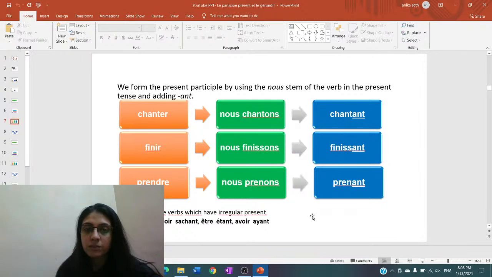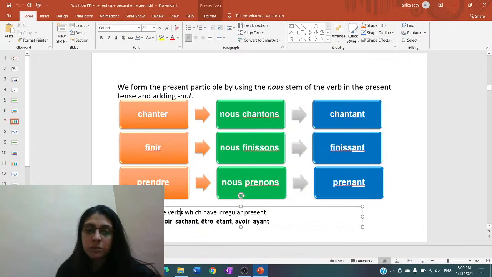Remove ons from the verb, put ant, so faisant would be the present participle of the verb faire. Then same way, if I take the verb aimer, nous aimons, remove ons, put ant: aimant would be the present participle of the verb.